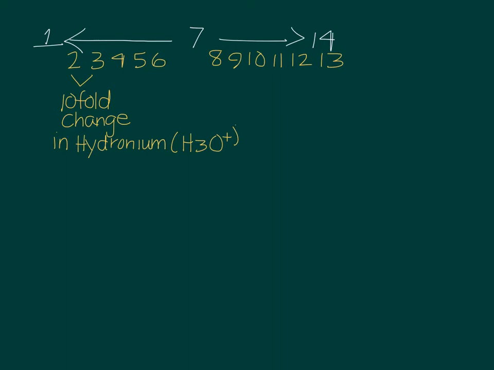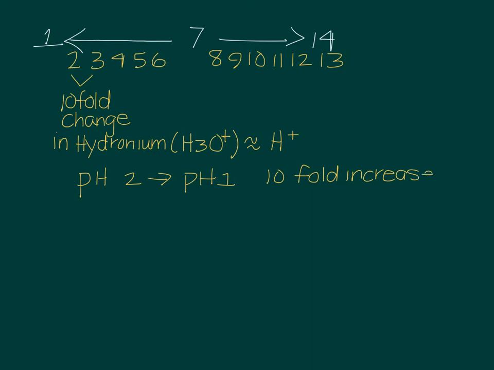But this is also indicative of H plus. So sometimes you'll see H3O plus or H plus. So what that means is, if I go from a pH of 2 to a pH of 1, that is a tenfold increase.